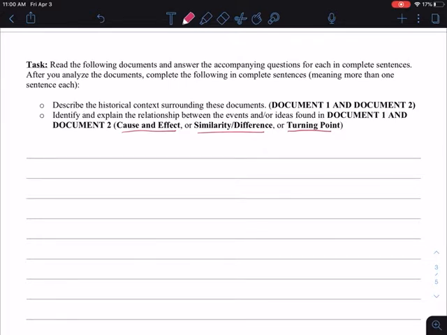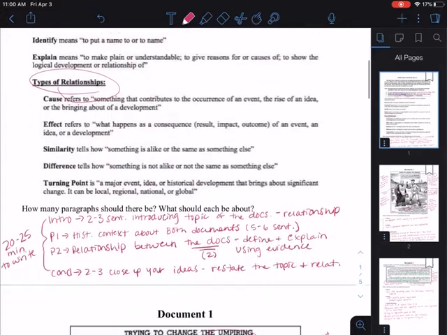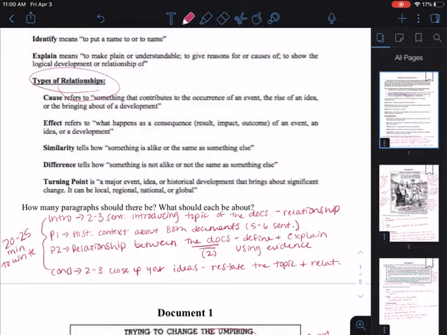If you're still there, if you're sticking with me, I am going to give you an introduction that you can use for this. So let's quickly go back and look at what we said we would do in our introduction. So we said that we were going to write 2 to 3 sentences, we introduce the topic, and we state what relationship we're going to do.